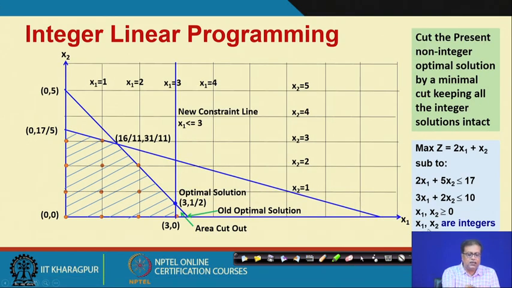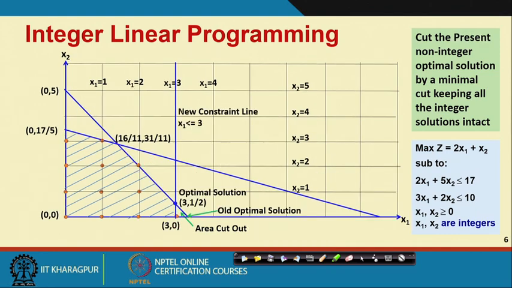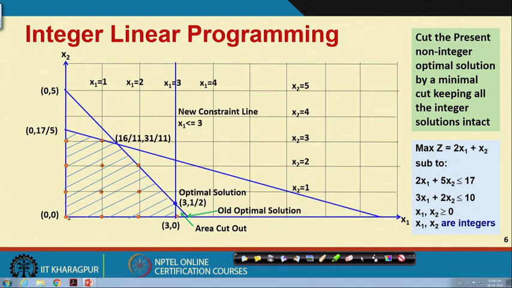So, let us see what it is. You can see this is precisely done here, and after you do that, what are your corner points now? Now, your corner points are (0, 0), this is one corner point, this is another corner point, and so on.